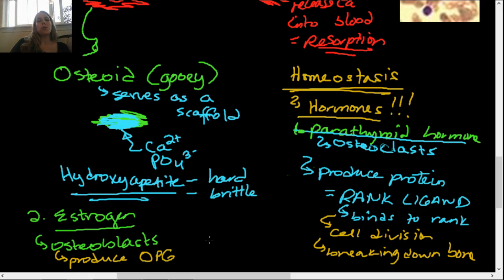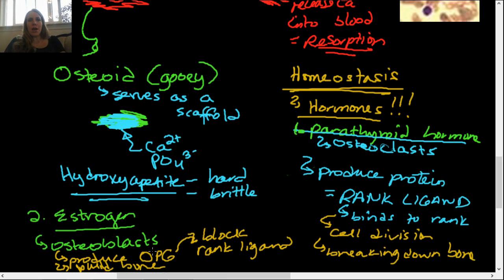And OPG acts to block the activity of rank ligand. And so if the OPG is blocking rank ligand, then the osteoclast will not be breaking down bone, and it's free for the osteoblast to reproduce and produce more bone. So this also triggers cell division and activity of osteoblasts. So you get more building of bone.